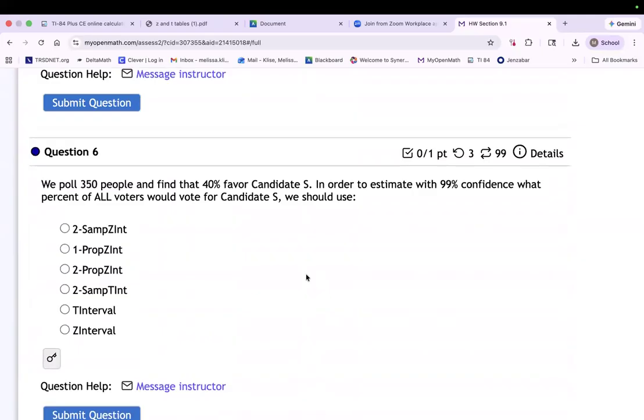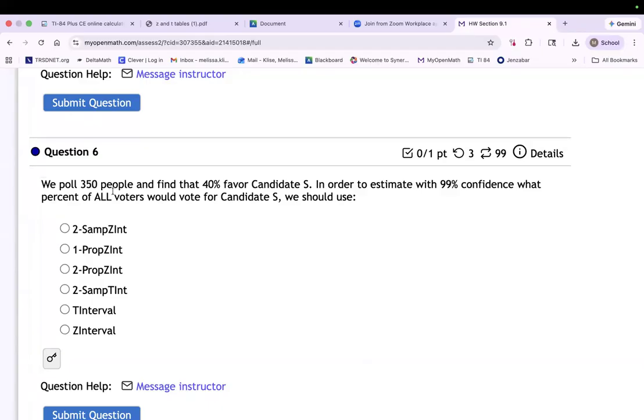So instead of saying like out of 350 people, 26 of them had this qualification, this one right here says 40% are in favor of candidate S. So you're going to need to find out what 40% of 350 is. So you would just do 0.4 times 350 to get your value. So your X would be 0.4 times 350, so it's 140. So you need to calculate that.